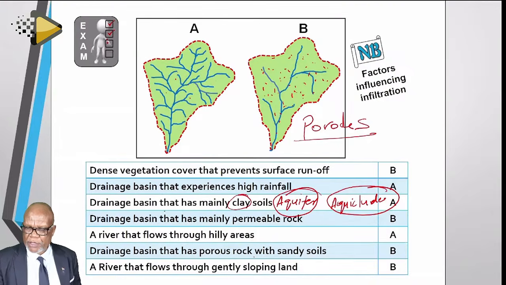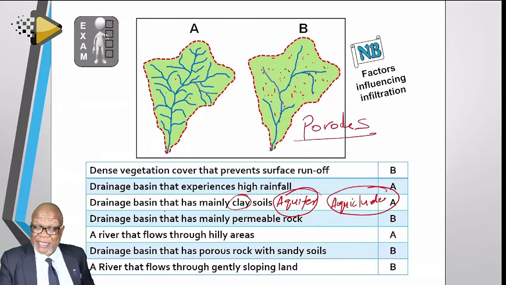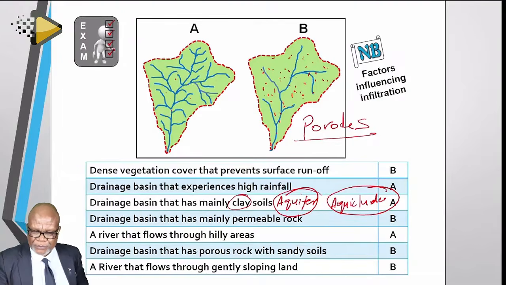Drainage basin that has porous rock with sandy soil. Here B has high porosity, like I explained, and there is more infiltration and less runoff. That is why we have low density. But A is less porous, and therefore there is less permeability, and this is clay soil, so there's going to be high runoff.